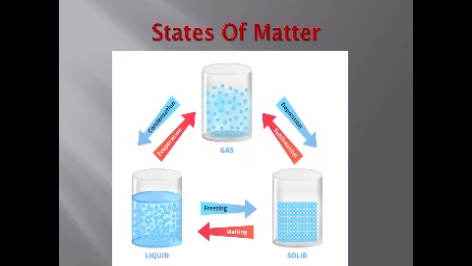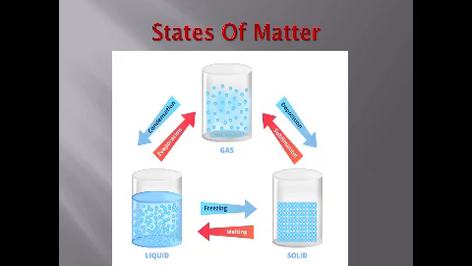Another one is liquid. A liquid has a definite volume but takes the shape of its container. Particles are closer together but can move around each other. It means particles are close together but free to move, and it has a definite volume but takes a shape according to the container.